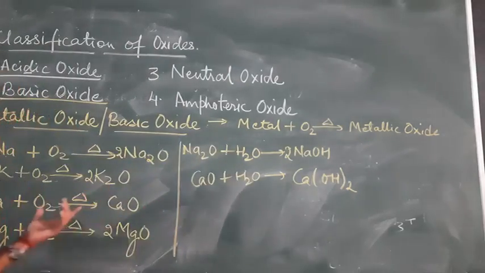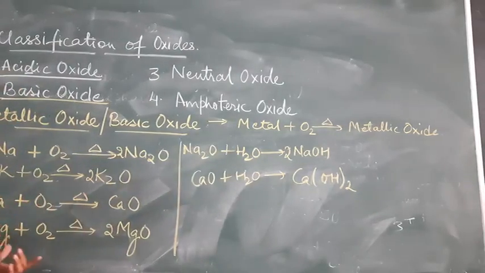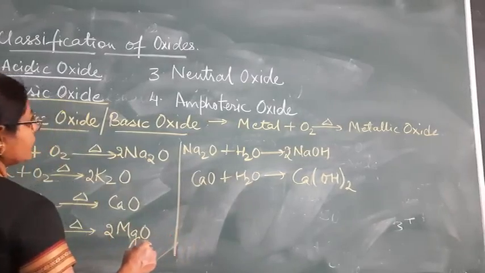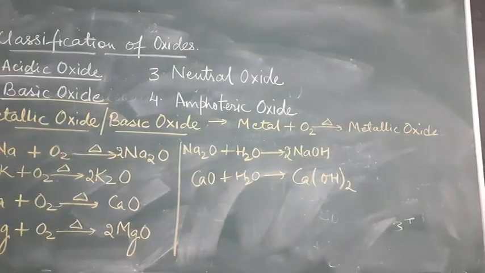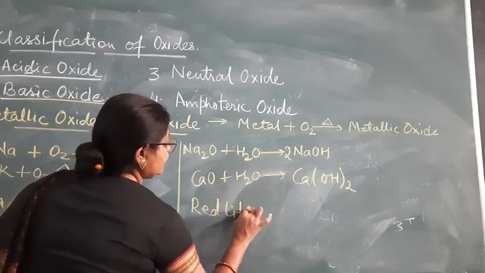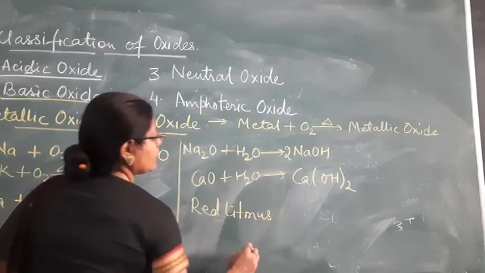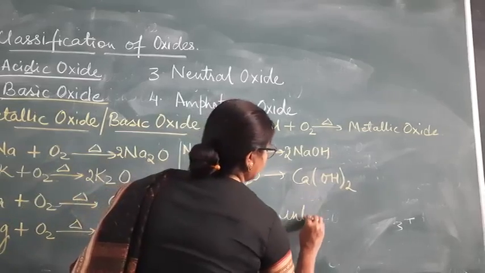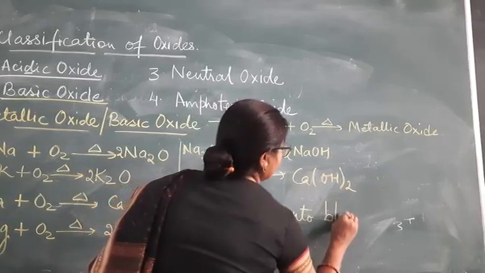And these metallic oxides are basic in nature, and these turn red litmus into blue.